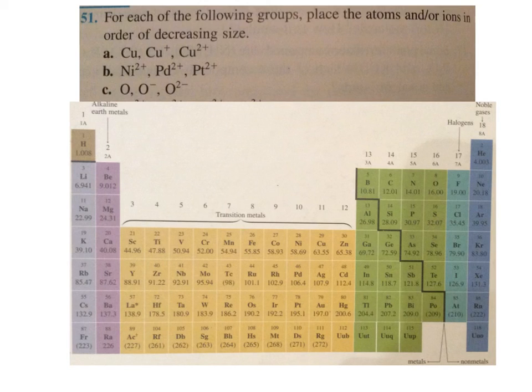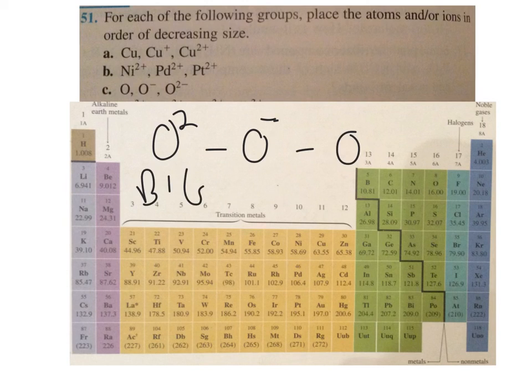So the other ones will make space for them. They spread out and repel. And so for that one, the oxygen would be the smallest, so O2 minus would be the biggest, then O minus, then O, going from largest to smallest.